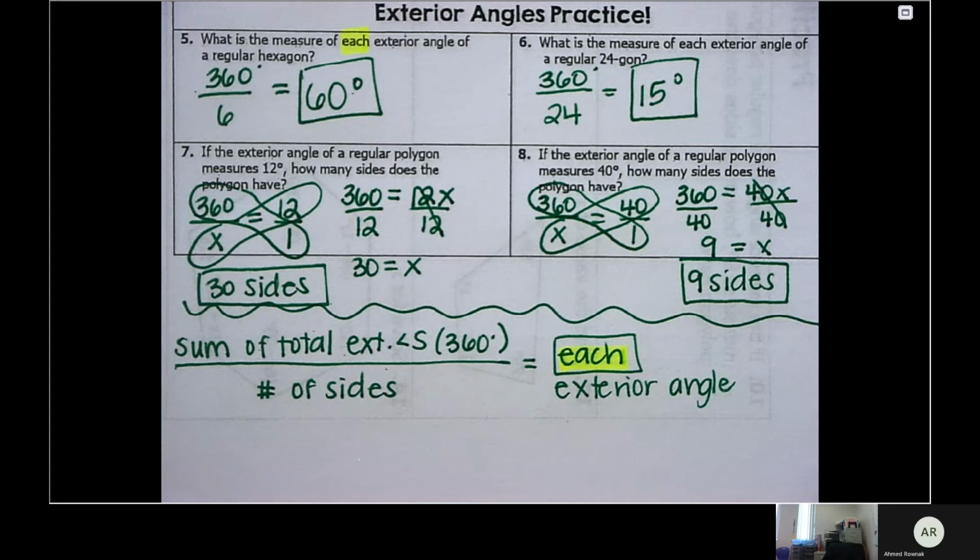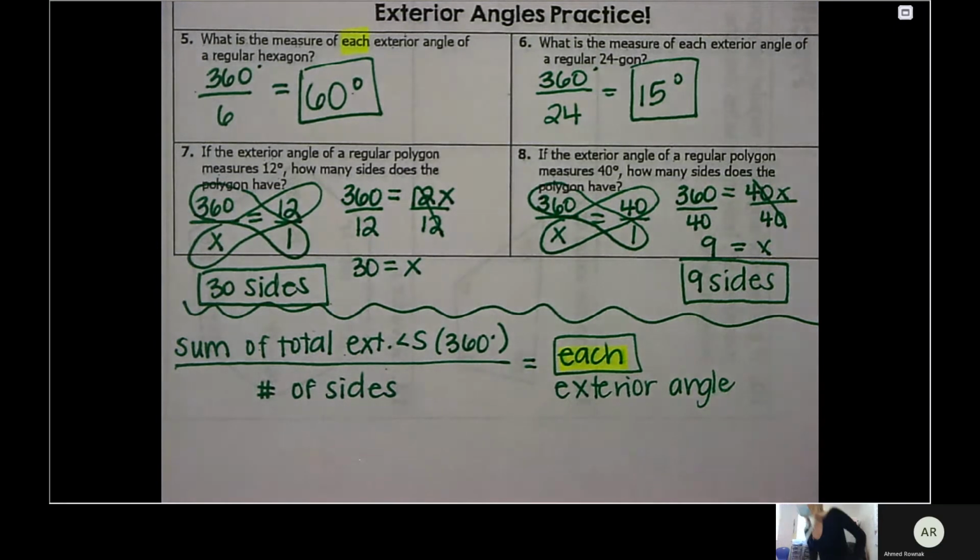Is it degrees? Is it sides? Is it pizzas? What is it? All right, what did you get for number of sides, my dears? 9, very nice.